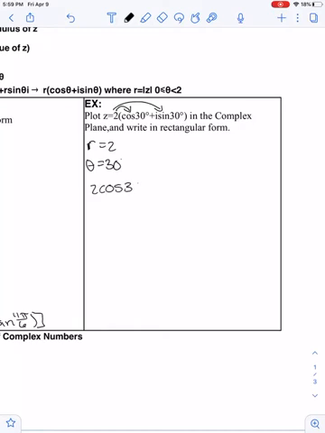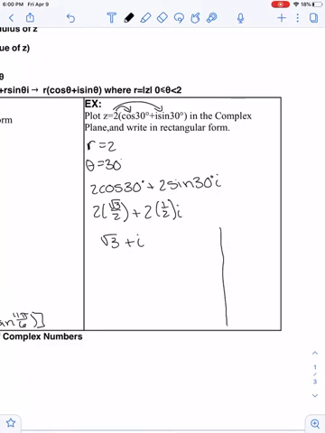So 2 cosine 30 degrees plus 2 sine 30 degrees i. The cosine of 30 is the square root of 3 over 2. The sine of 30 is 1/2. Don't forget your i. So when you simplify this, we get the square root of 3 plus i.